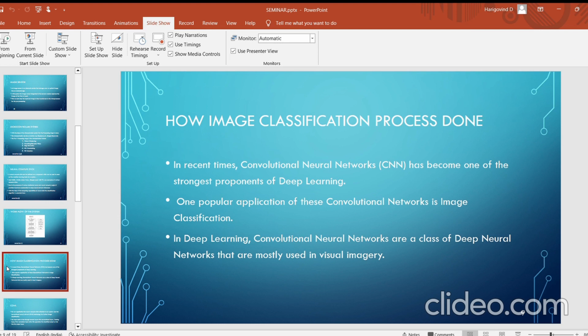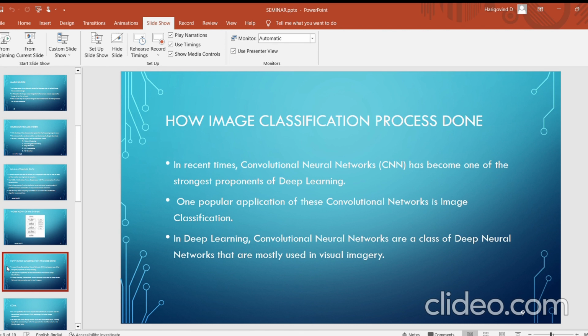From these slides I would like to explain how the image classification process is done in the neural compute stick. In recent times the convolution neural network has become one of the strongest proponents in deep learning. The convolution neural network is widely used for real-time image classification.